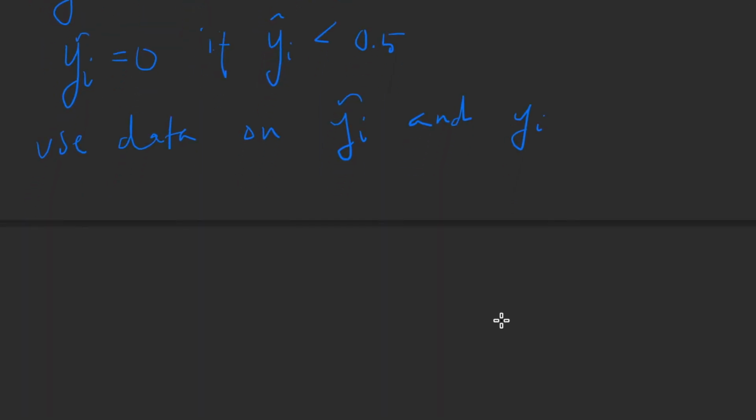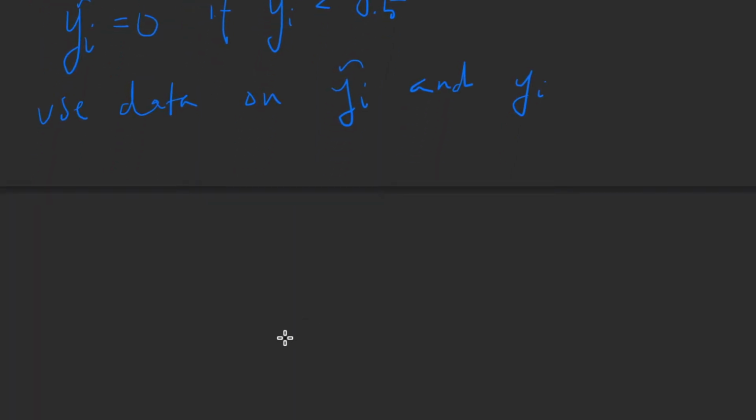With a binary dependent variable, there will necessarily be heteroscedasticity in the model.